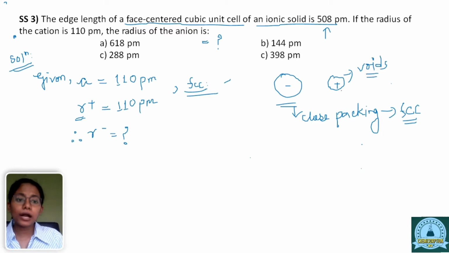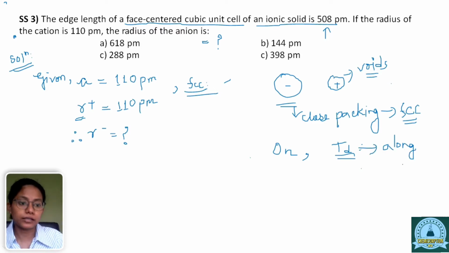Now, cations may occupy octahedral voids, but also tetrahedral voids. You know that tetrahedral voids are along the body diagonal, and octahedral voids are at the edge centers.